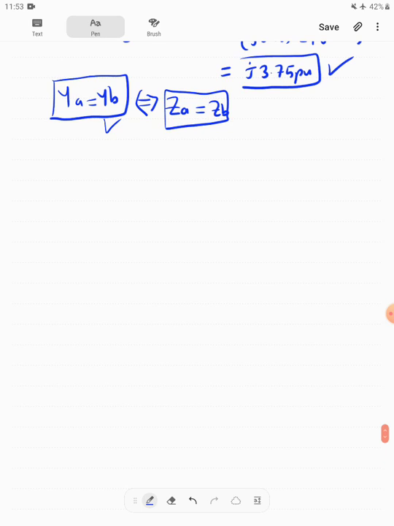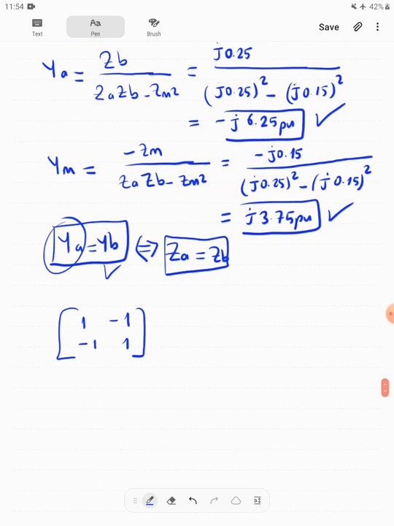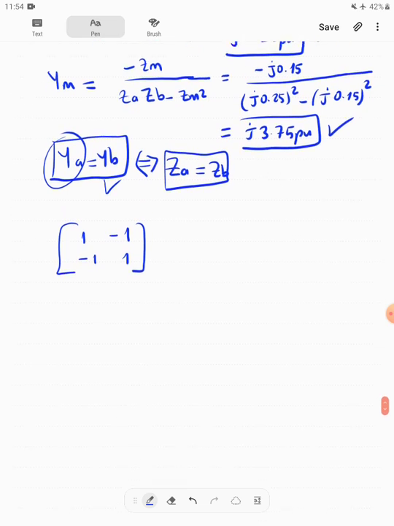So let me write 3, 1, then 1, minus 1, minus 1, 1. So this is our square matrix. It's a kind of unit square matrix in this solution method, and the multiplication factor will be Ya. And what is Ya? As you see, Ya is found as minus J6.25.